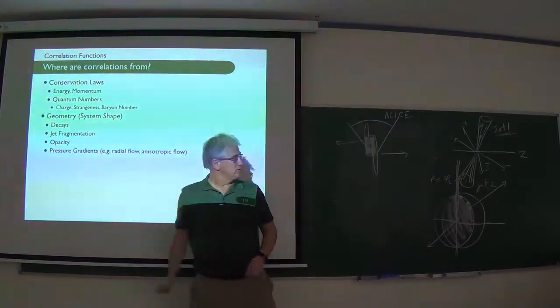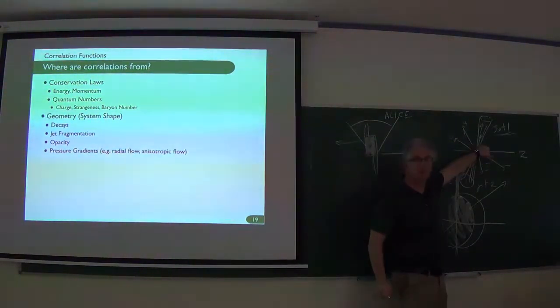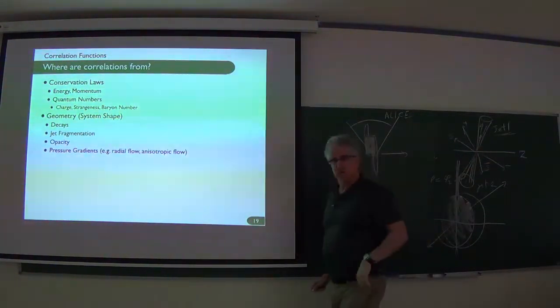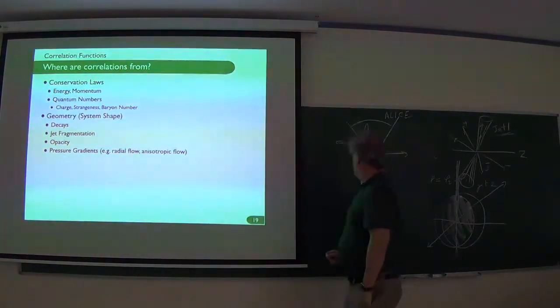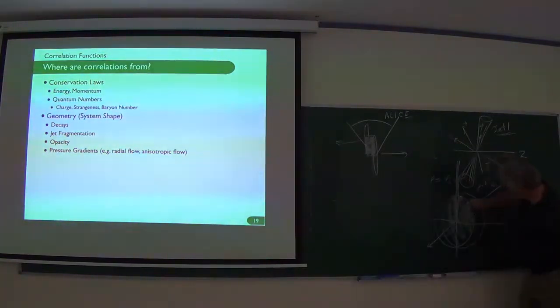Jet fragmentation, that I have illustrated here, has a geometry of its own, and that will also lead to correlations. If you have a system that is opaque, like the quark-gluon plasma, then there will be also some correlation that will be induced by the presence of the opaque system.